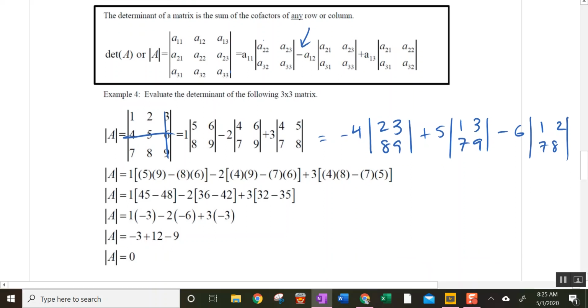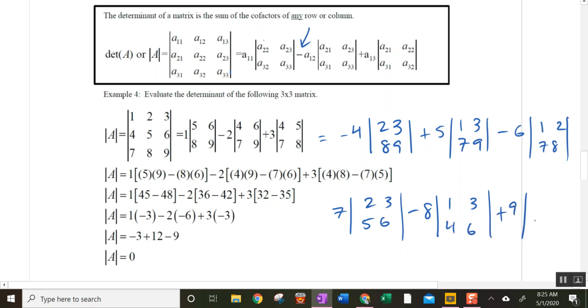I could do the same thing in the third row if I wanted to as well. And let me show you briefly what that would have looked like. We'd have 7 with the determinant of that matrix, minus 8 times the determinant of 1, 3, 4, 6, and plus 9 times the determinant 1, 2, 4, 5.